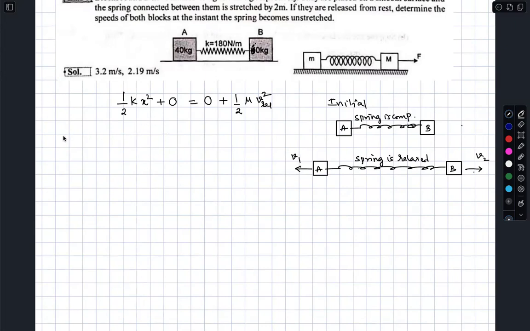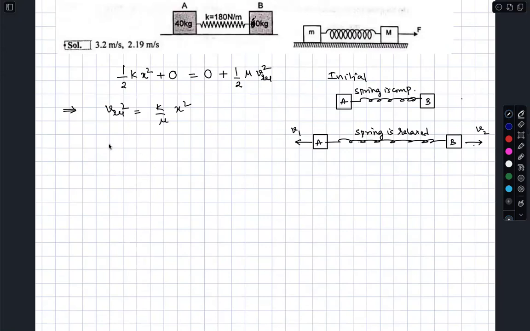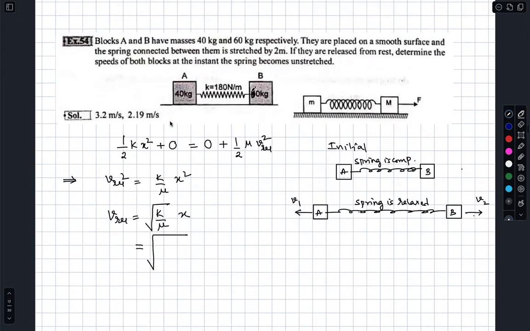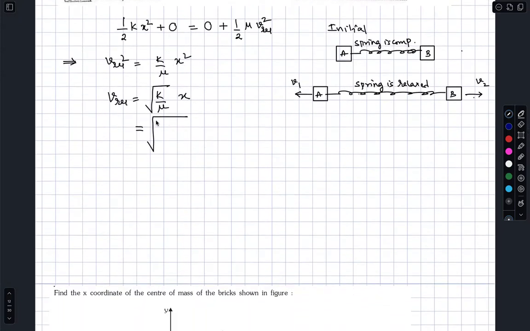So therefore, the first observation is V relative square is K by mu times X square, or V relative is root K by mu times X, which is nothing but K 180 and mu.